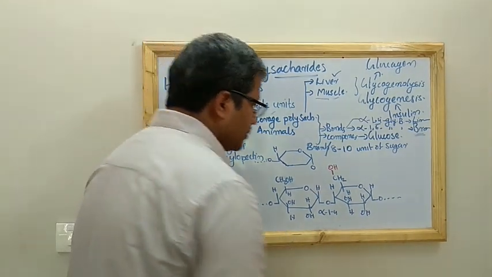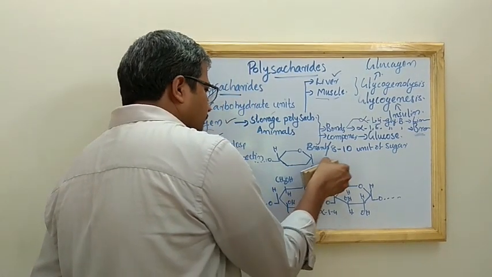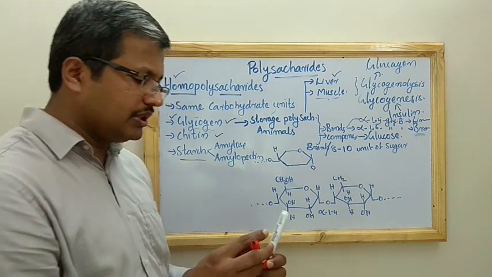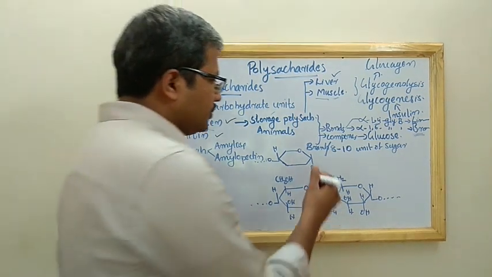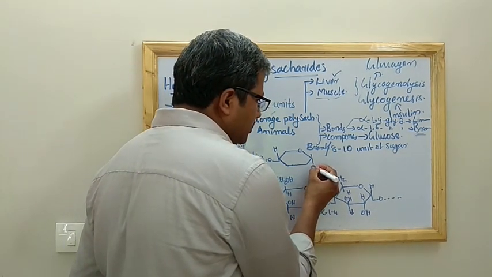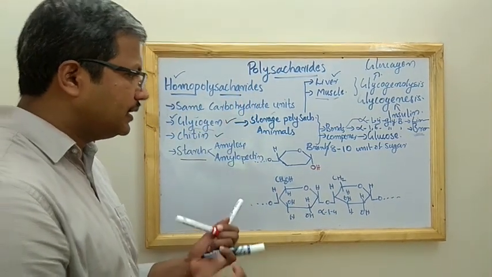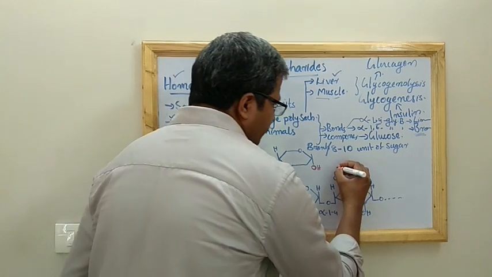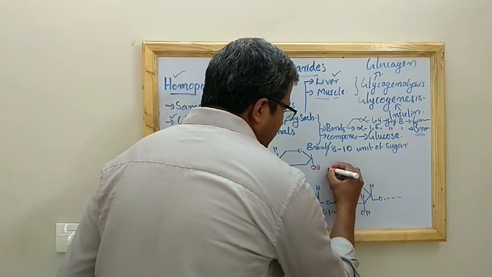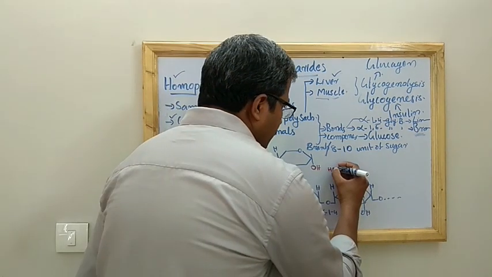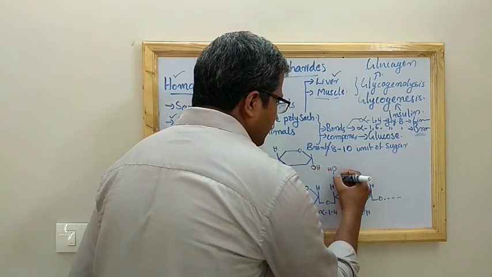Sorry, this one is actually, we know that the anomeric carbon will be attacking the hydroxyl oxygen. So we have to represent the red one here, OH. Red one OH here. And we will be just representing H, O, that is linked to this CH2.